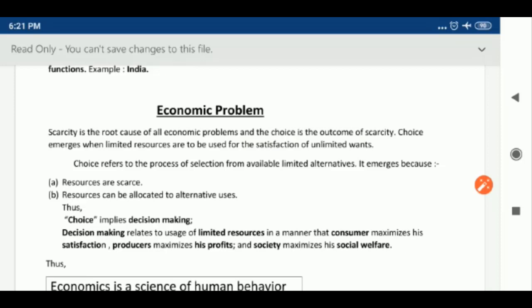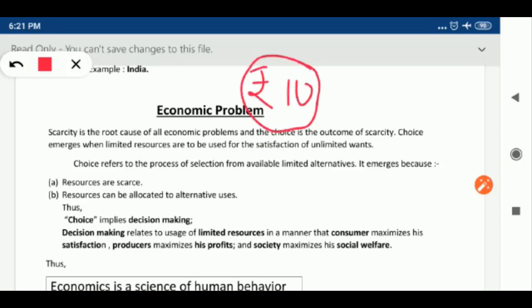Now I am giving you an example. Suppose you have a 10 rupee note. This 10 rupee note is your resource.